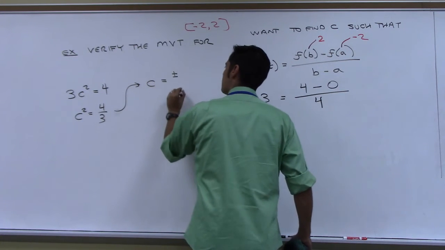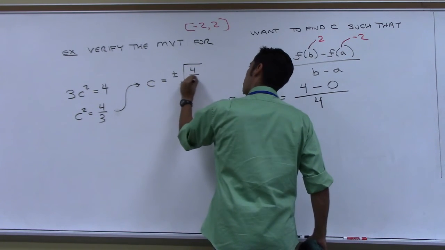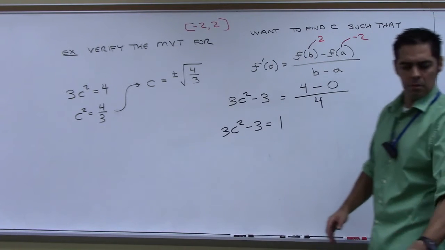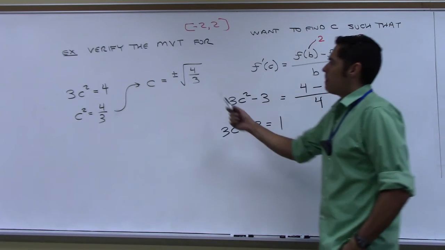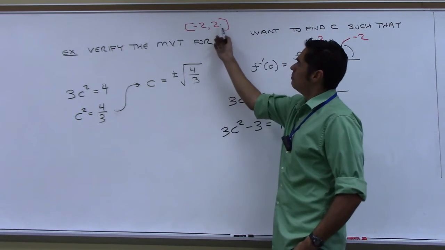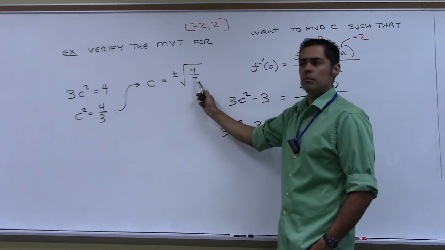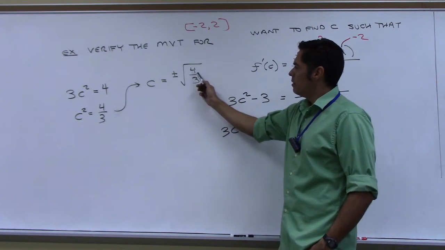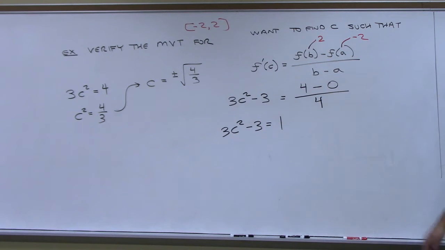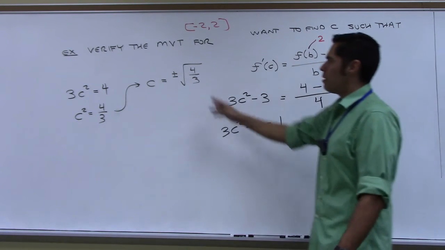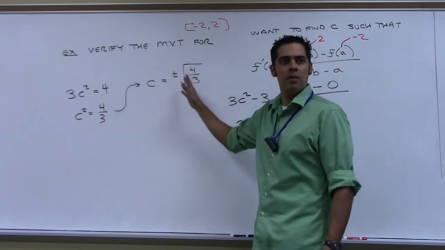Plus or minus root of 4 over 3. Do these numbers live in here? Do both of them live in there? 4 divided by 3 is about 1.3, and the square root of that, yeah, these should both live in there.